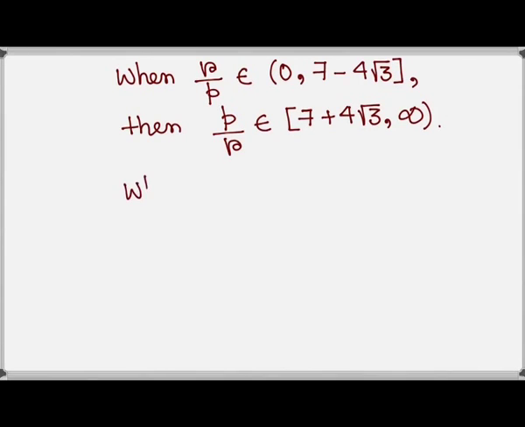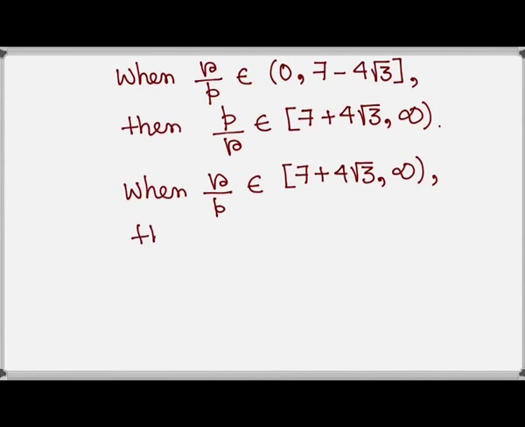And when the ratio r by p is in closed 7 plus 4 square root of 3 to infinity, then the ratio p by r is in the interval open 0 to closed 7 minus 4 square root of 3.